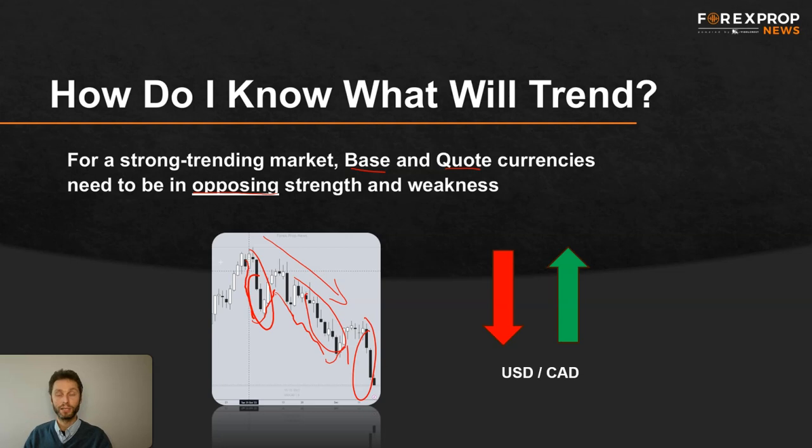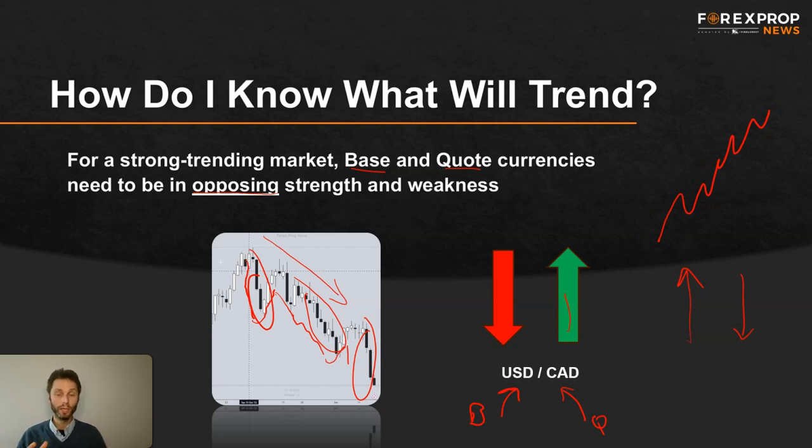Now, what are base and quote currencies? If you're not familiar, the first one is the base and the second one is the quote. If you're trading dollar CAD and want to sell it, you need a weak dollar and a strong CAD. That means the market is more likely to trend downwards. And if the opposite is true, if you've got a strong base currency and a weak quote, then you should see the market trending up.